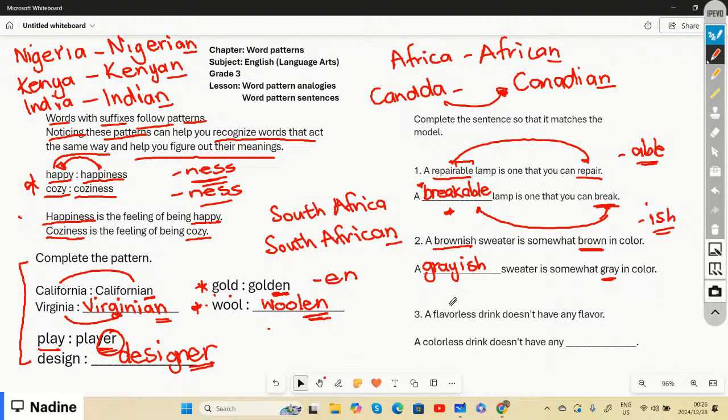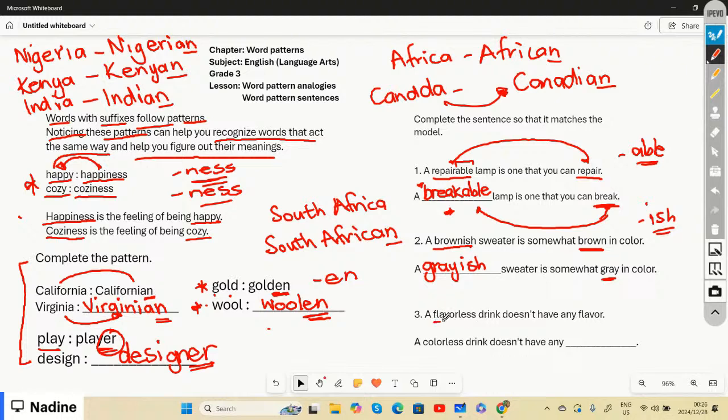All right, the next one, and then we're going on to aplusstudents.ca. Look at this. Now we're not going to identify the word that has a suffix to it. You are now going to look at the root word that can stand on its own without the suffix, right?